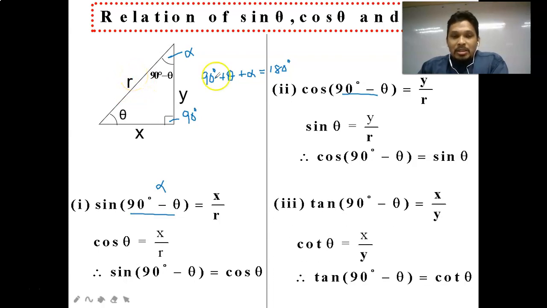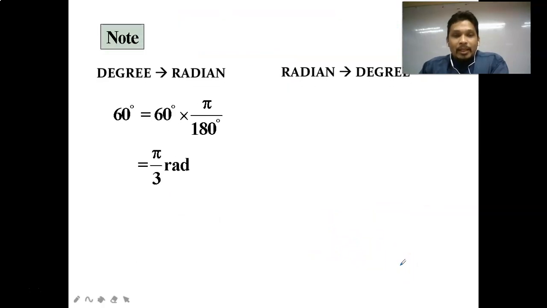And also tangent is opposite divided by adjacent, x divided by y, and also equal to cotangent of x over y. And this is what we call the changes of value of degree to radian and radian to degree.